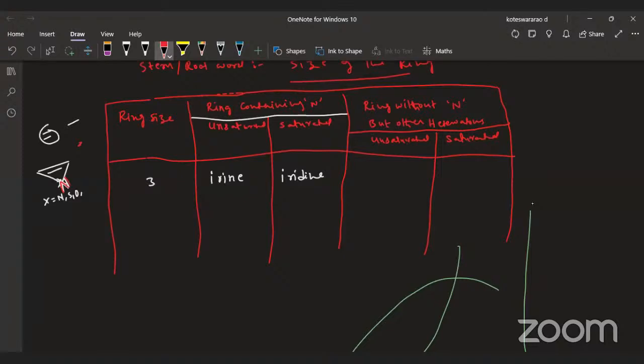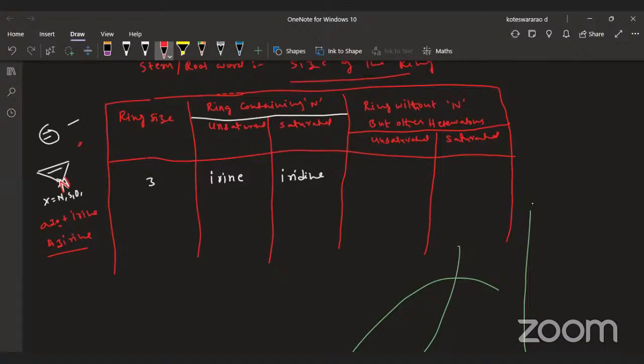Then the prefix is nitrogen is there, therefore aza plus irene. Azirine. Now, the A is replaced with irene. Azirine is the name. In this way, you need to give the IUPAC name, right?